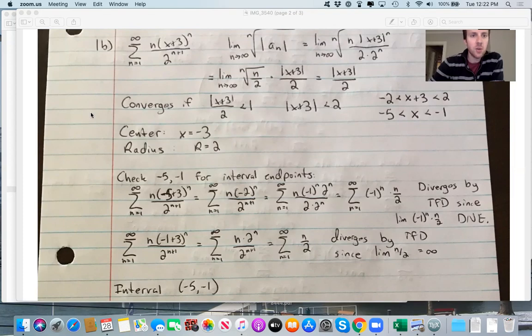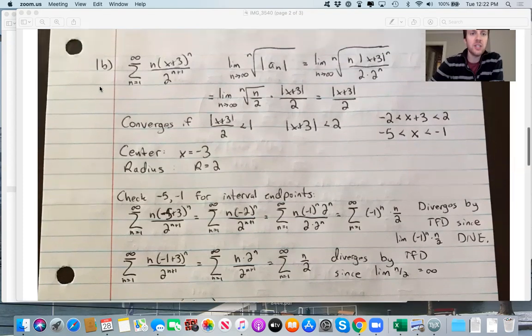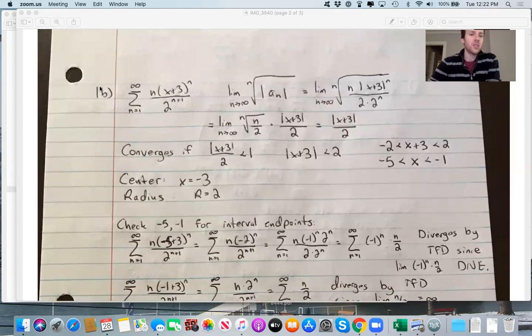All right, so for this type of question, given a series, what's its interval and radius of convergence? You use the ratio or root test. If you use a geometric series test, you don't have to check the endpoints because geometric series always diverge at their endpoints.